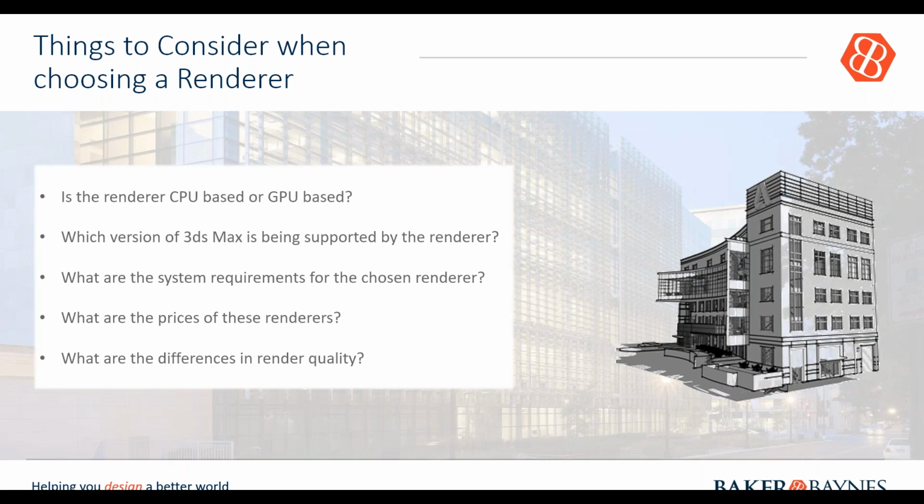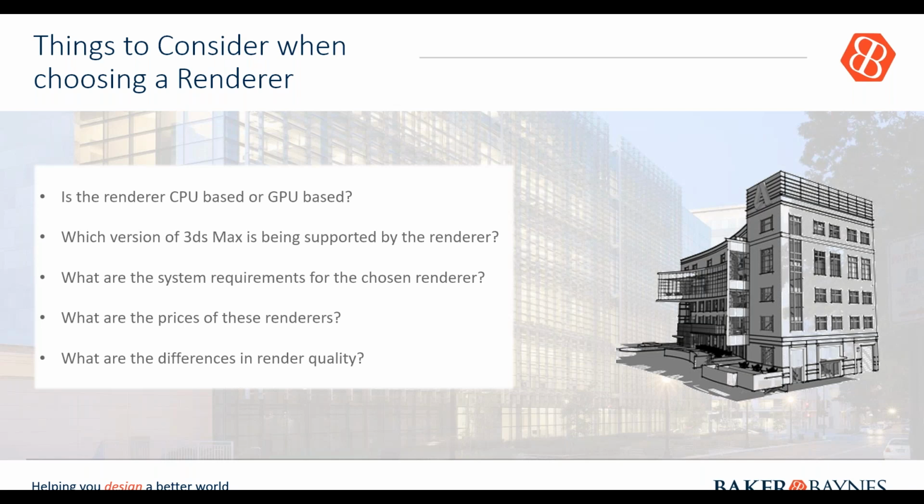Which version of 3ds Max is being supported by the renderer? That's also a very important one to take into account. Usually on the render engine's website you would find information on which version of Max it supports. So check before upgrading your software to 3ds Max 2019, only to realize that your renderer doesn't even support that version.